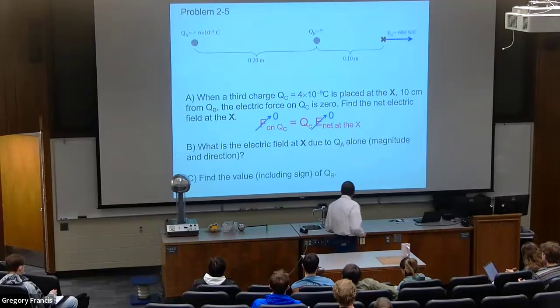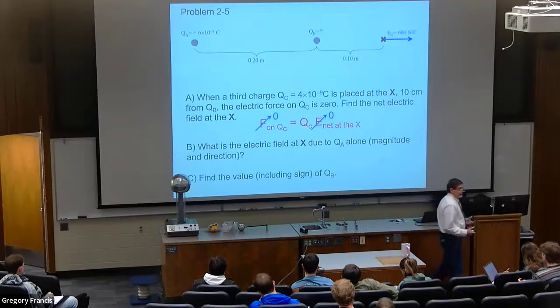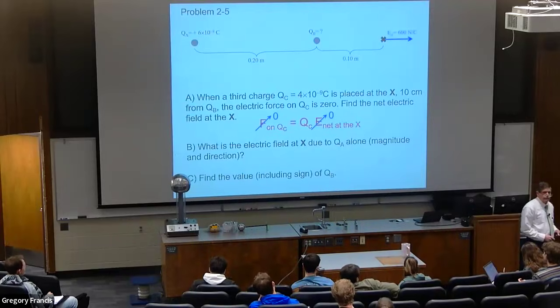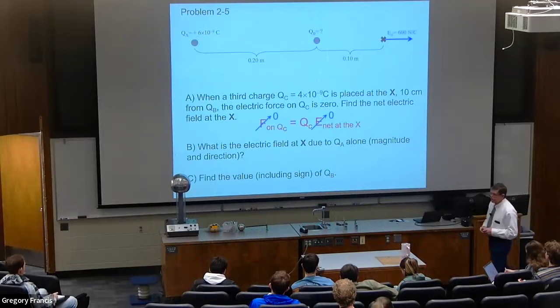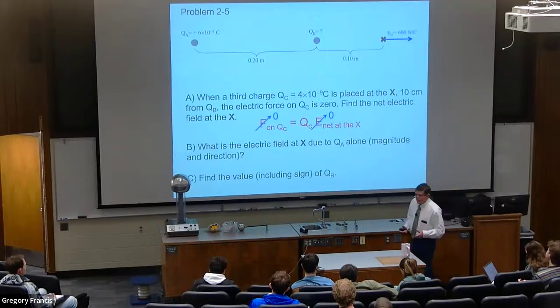Well, part C asked us to find the size of QC, of QB rather, this one here. And we want to know how big it is, magnitude, and we want to know whether it's positive or negative. Well, the sign is pretty easy, okay?